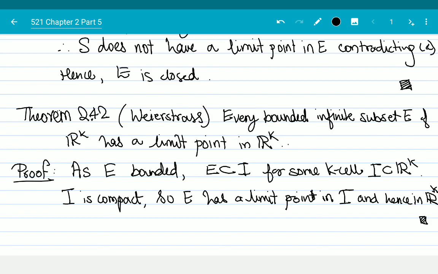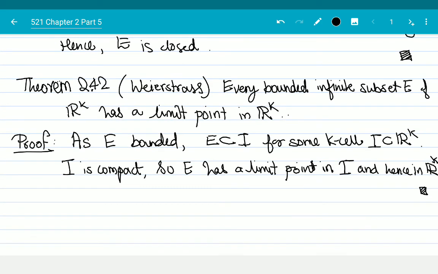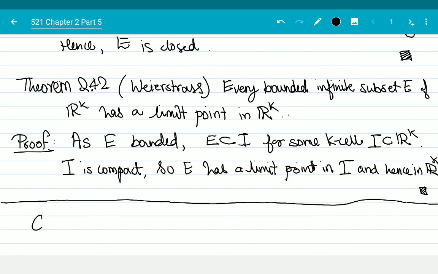Let us end this chapter with some properties of connected sets, defining what connected is and showing examples.